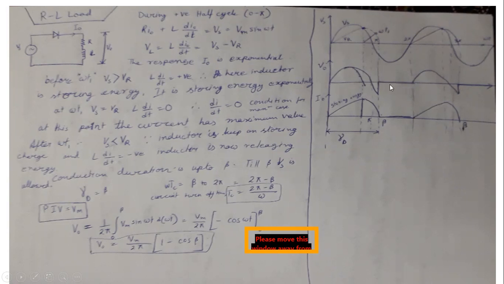This portion is what you have to calculate. Up to beta the current is conducting, so this portion is actually the value of 2 pi minus beta. Okay, so this is our circuit turn off time.